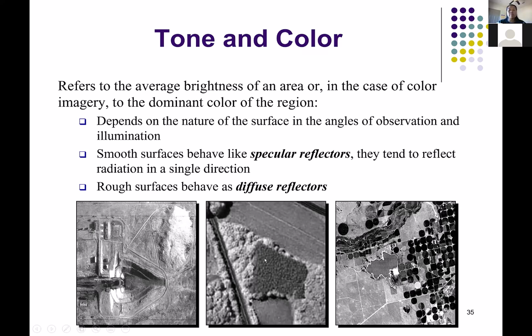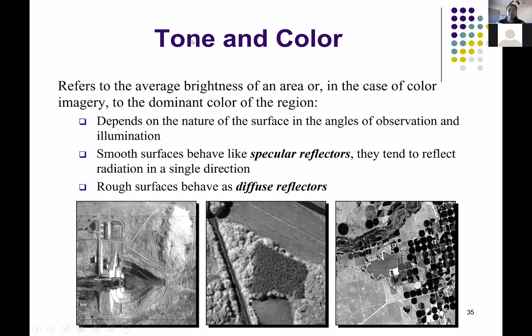The one in the middle shows a forest, and you can see there are different tree structures, and they show different colors. So you know these must be two different forest species. And also the agriculture, the irrigated system here. So the color contrast and tone contrast show the comparison.